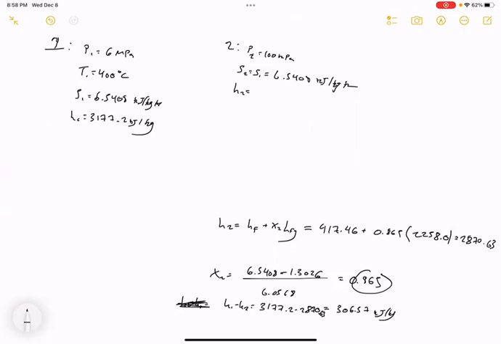We're finding the quality based on the difference between SF, SG, and where we currently are, what our entropy is. And we're using that difference to then evaluate either the enthalpy, in this case, or maybe the internal energy in other cases, using this sort of equation. And of course, we're finding the difference to see how much work is being done across the turbine.